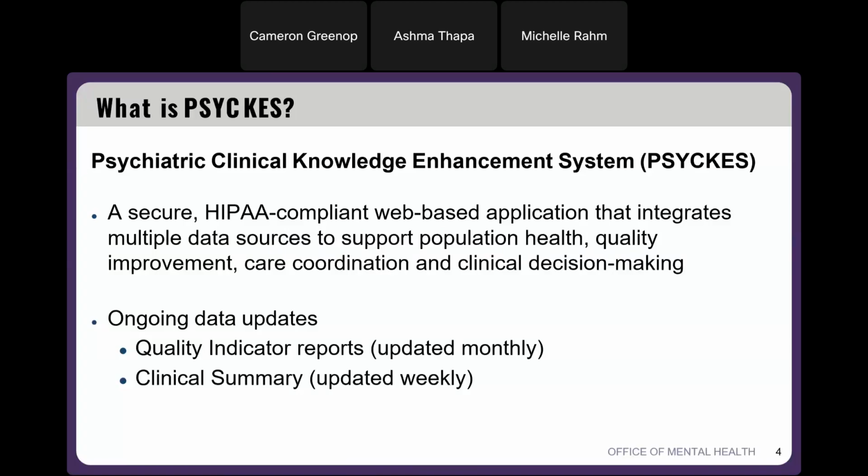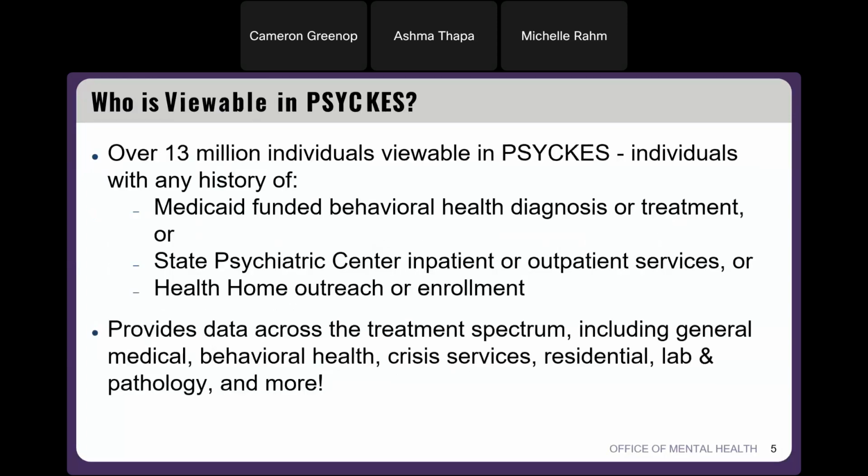Please note that in PSYCKES, we do have ongoing data updates. So the data in the clinical summary is updated on a weekly basis, whereas the quality indicator reports are updated on a monthly basis. We do currently have over 13 million individuals viewable in PSYCKES, and it includes individuals with any history of Medicaid-funded behavioral health diagnoses or treatment, or state psychiatric center inpatient or outpatient services, or health home outreach or enrollment.